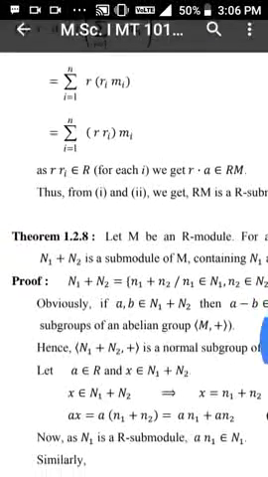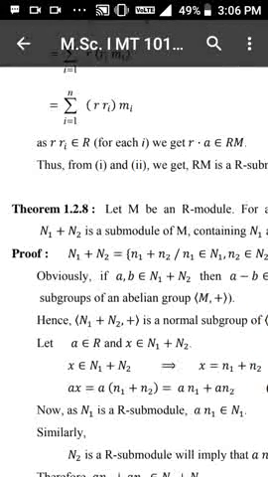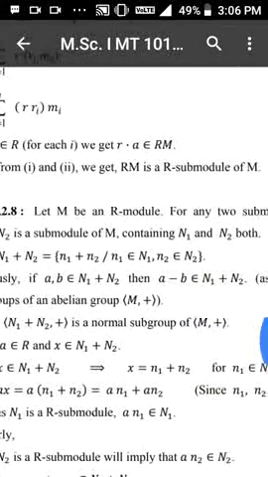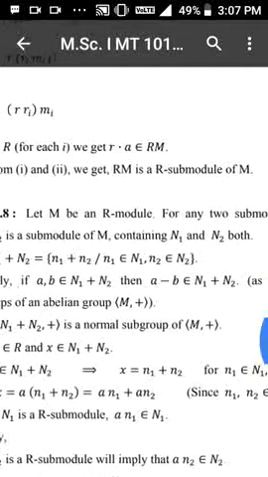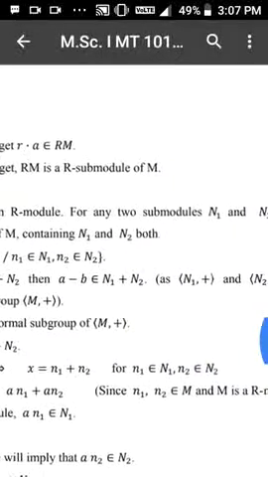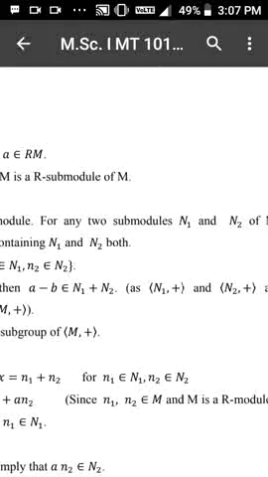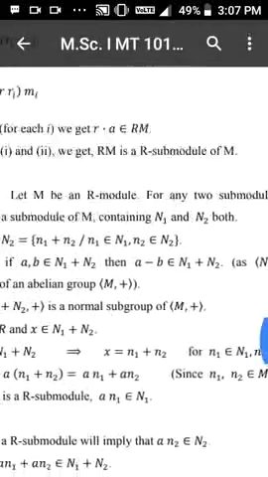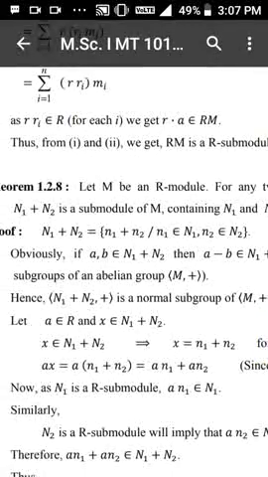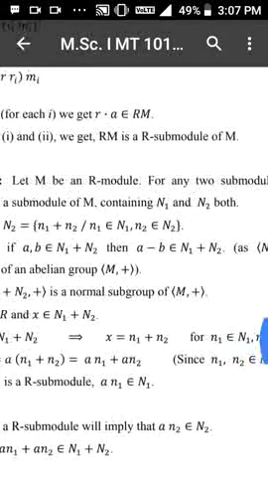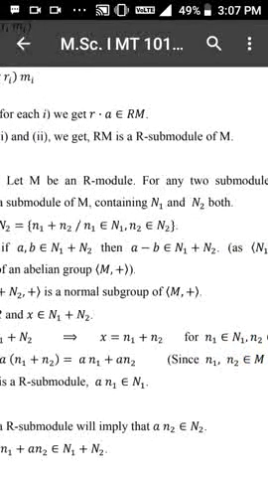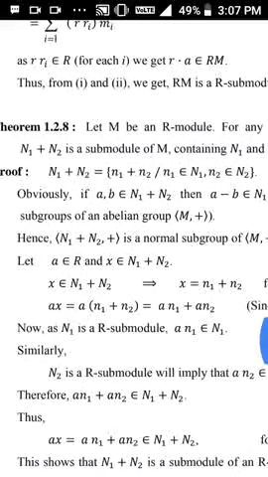Next theorem. Let M be an R-module. For any two submodules N1 and N2 of M, N1 plus N2 is a submodule of M containing N1 and N2 both.